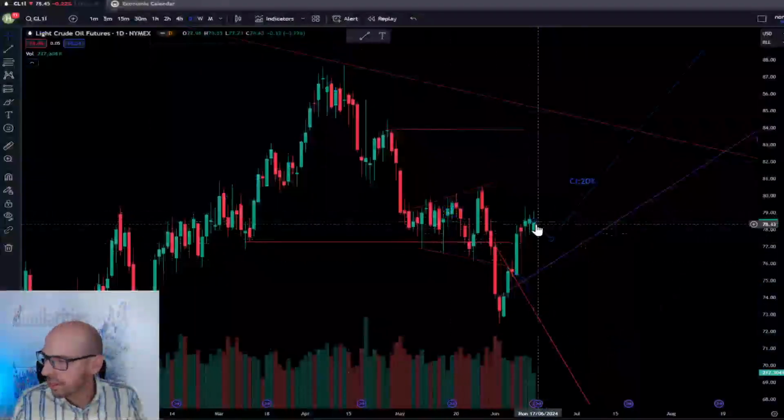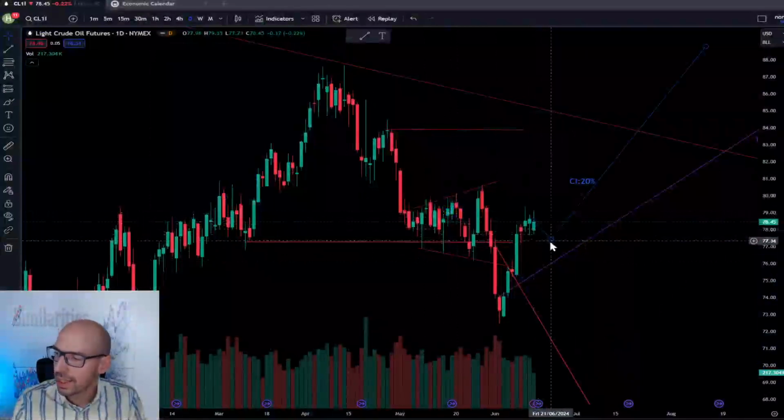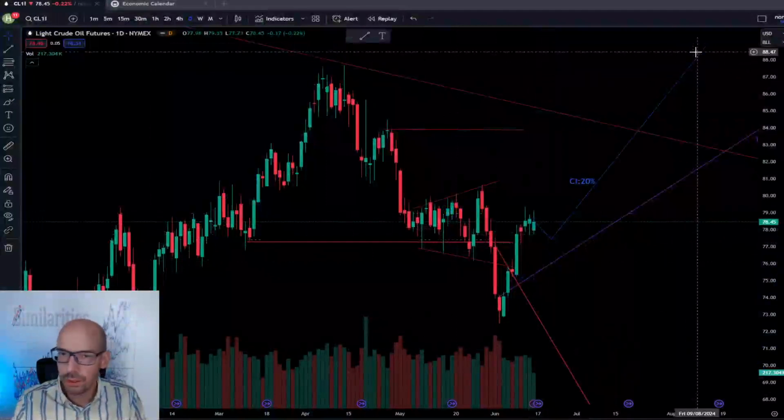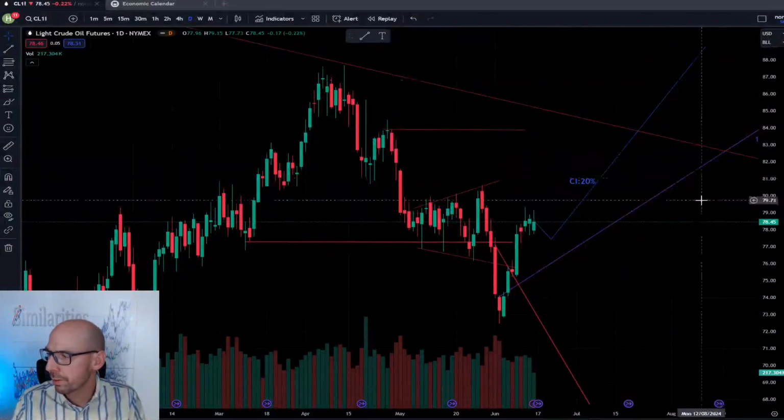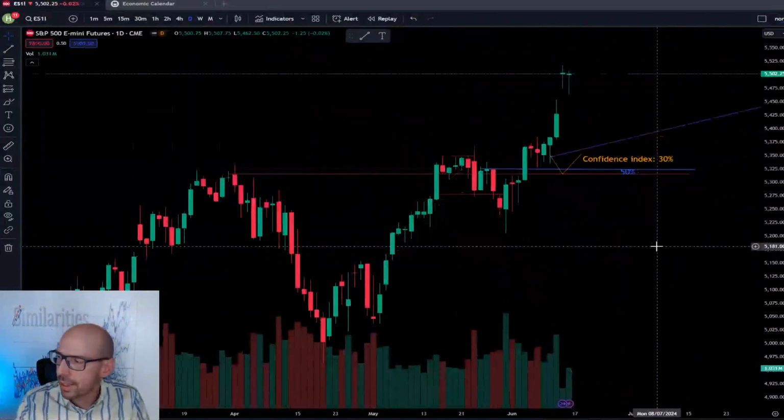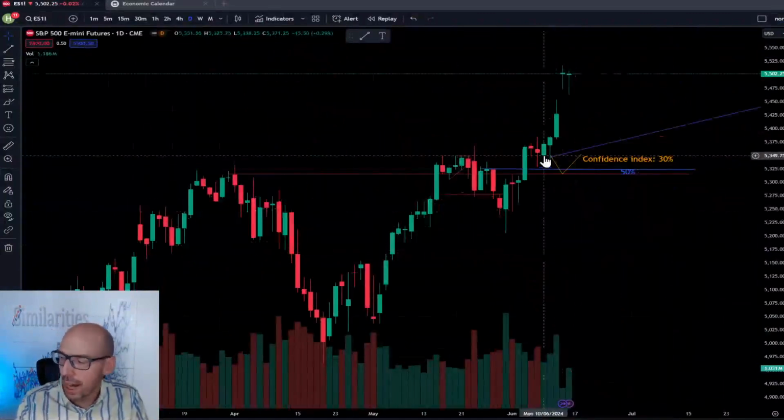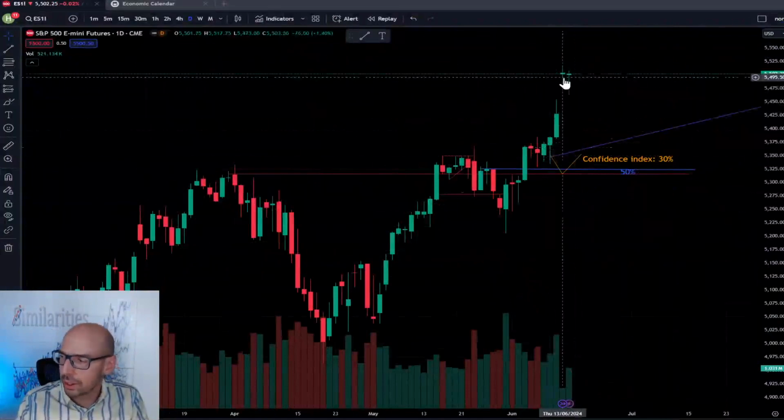So that's it. Next week, not that much of a movement, and then up for the next 40 days, around 15%. So let's switch to ES, the SP500, which had a good reaction to the statistic.